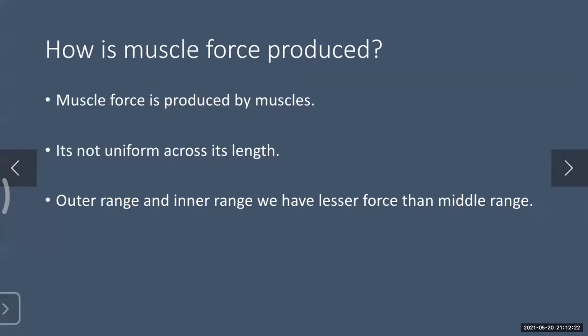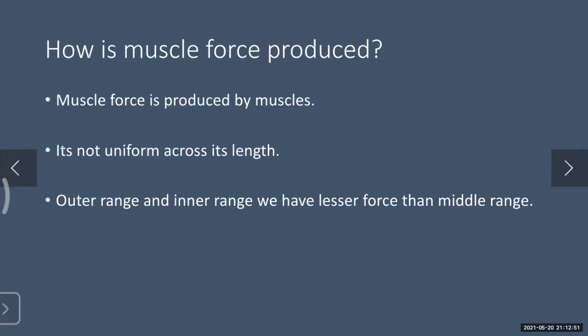Now we all know that whenever we are trying to move, the muscles are working and there is a movement which is happening, and we also know that the amount of force which a muscle can take is not equal across its length. So you have an outer range, a middle range, and an inner range, and we always know that the middle range takes more resistance than the outer or inner range.